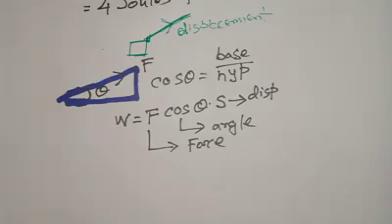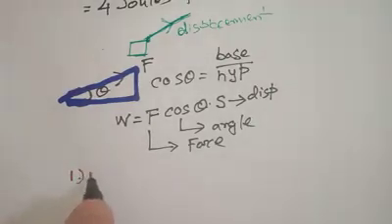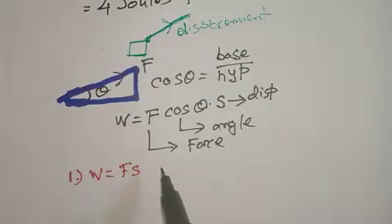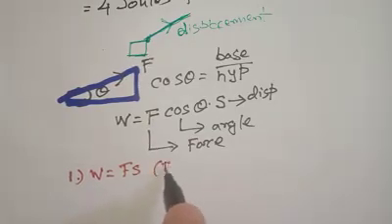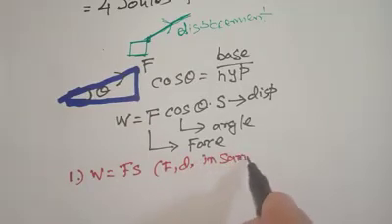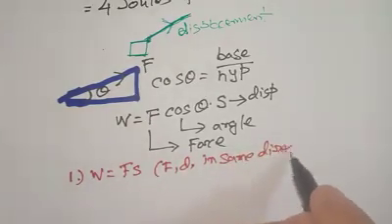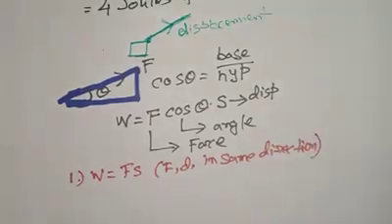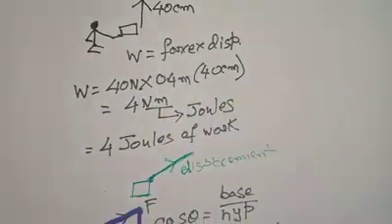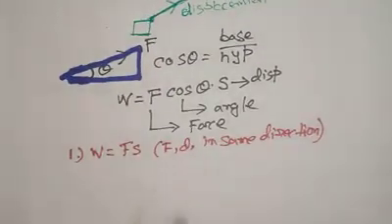So now we can write that we have understood two formulas till now. The first formula is W equals Fs. This happens when the force and displacement are in the same direction. We saw in the earlier example that the force is in this direction and the displacement is happening in the same direction, so we use the formula Fs.